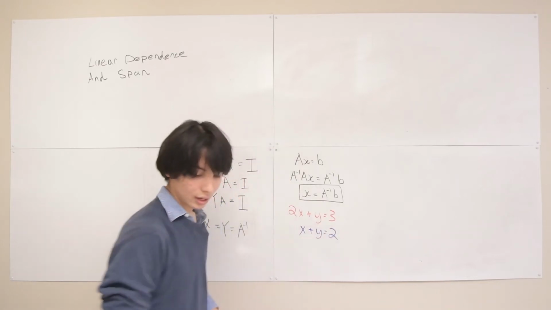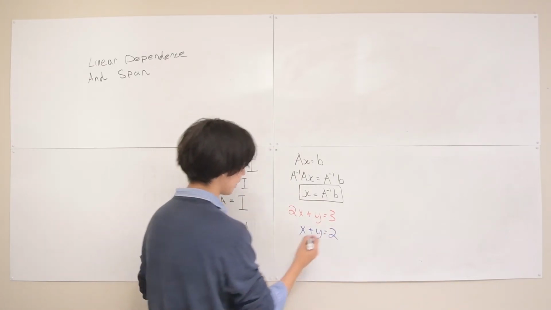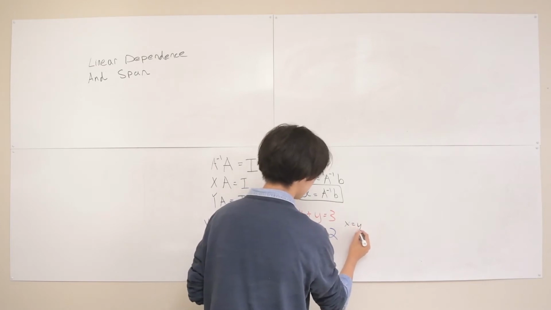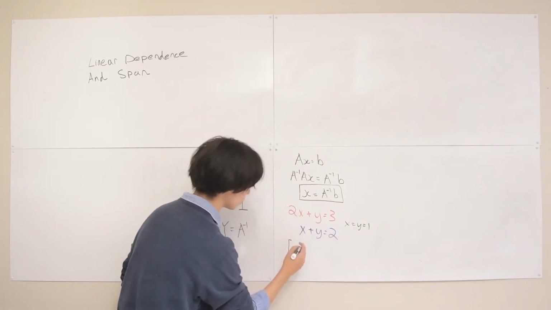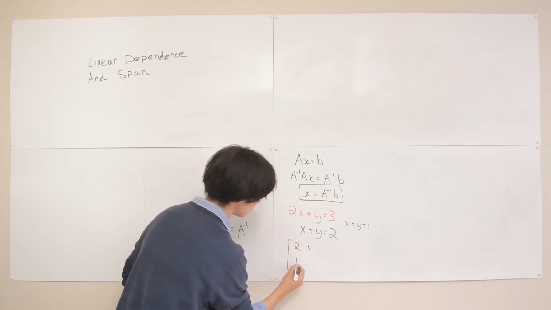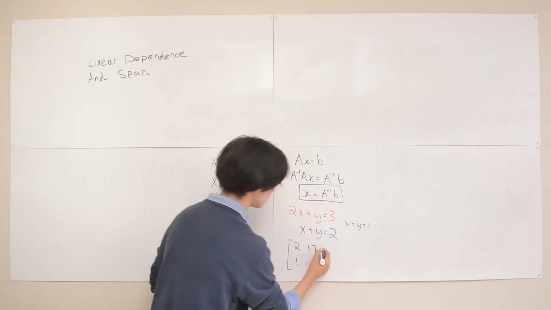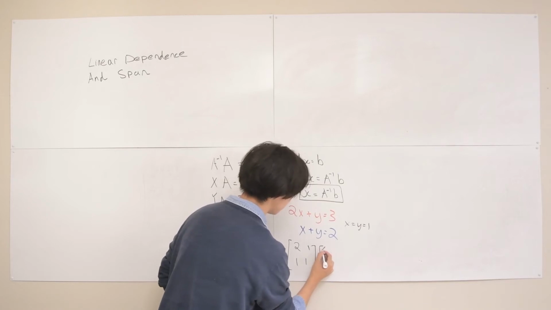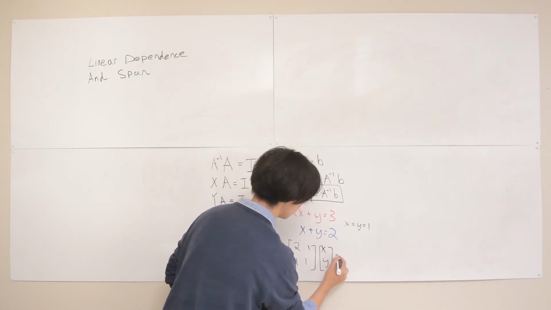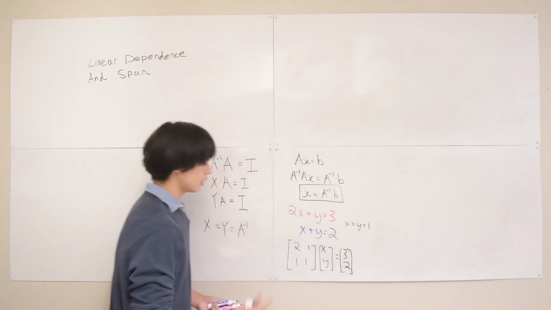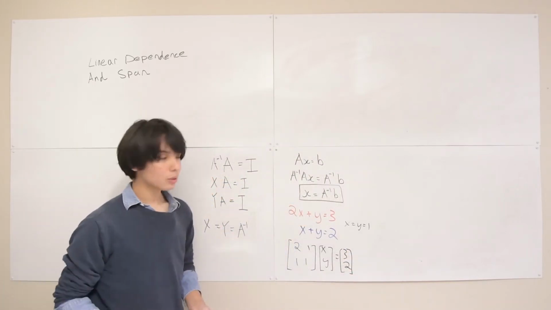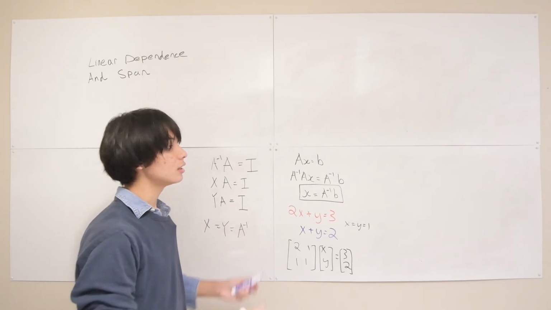Our solution to that, as we talked about before, is x equals y equals 1, right? And we can always represent this in the matrix form, which will actually become more handy as we go along. So this is important: our AX equals B form, like so. Like that, right?